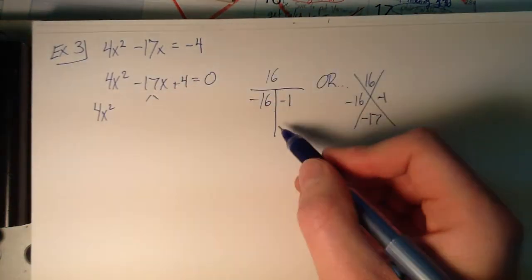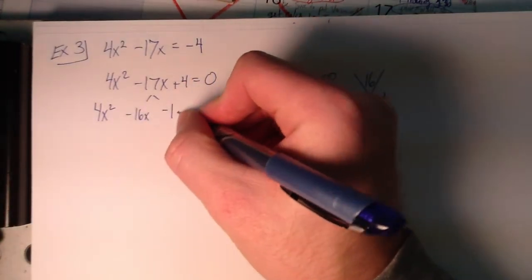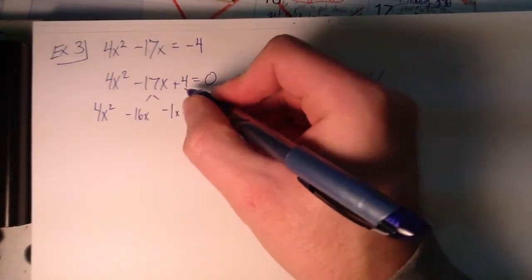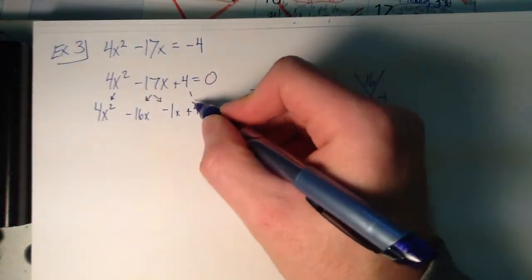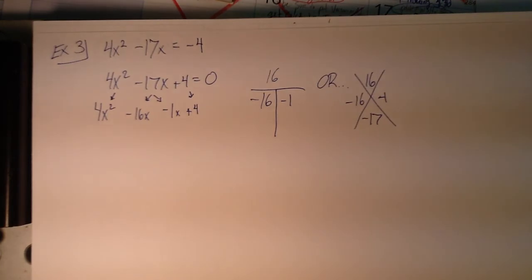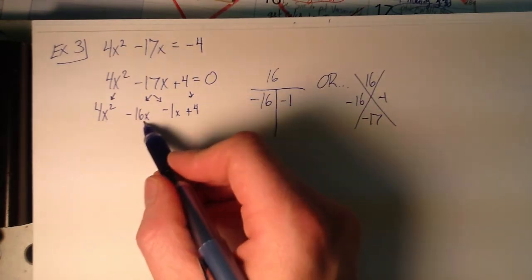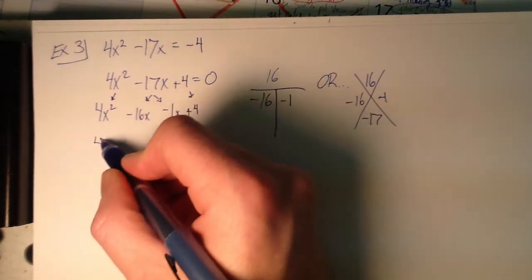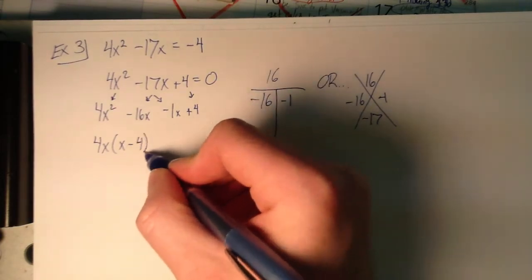Remember, the middle term gets broken up into your two factors, so minus 16x minus 1x, and then the plus 4 comes down. Okay, so let's draw some arrows in here so you're thinking about what went where. Once you've done this, do some grouping. First two terms have 4 and an x in common, so x minus 4.